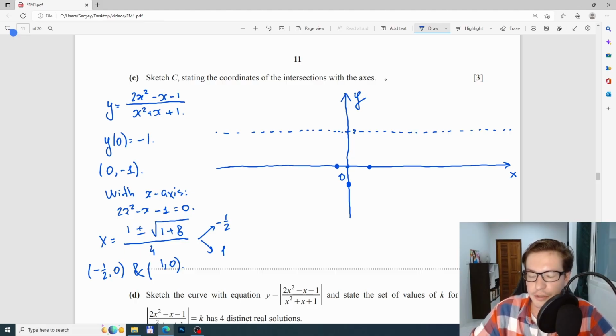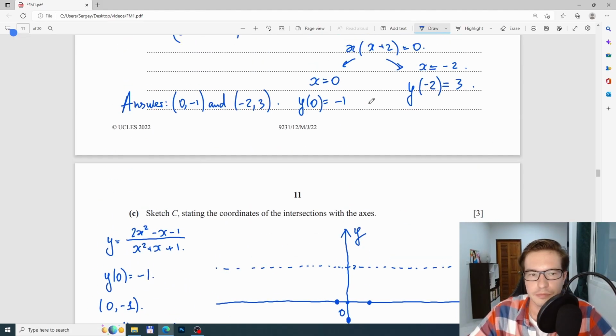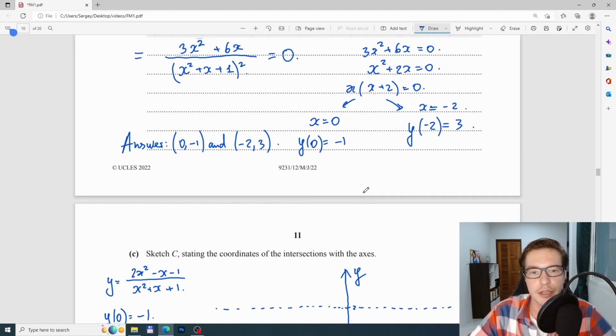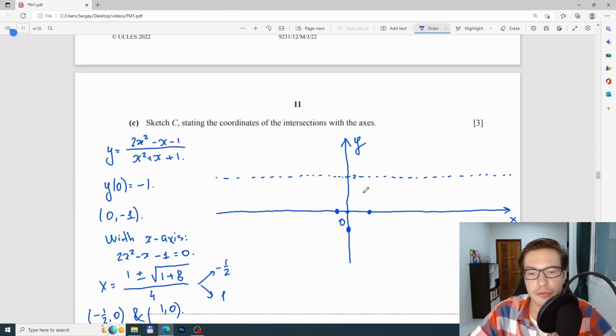Okay, and our stationary points. 0, minus 1. Okay, so the intersection with the y-axis is actually a stationary point. And another point is minus 2, 3, which is somewhere here.